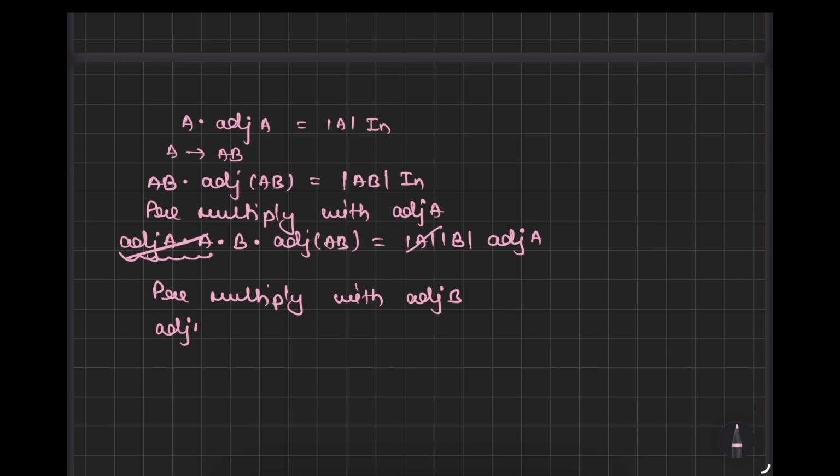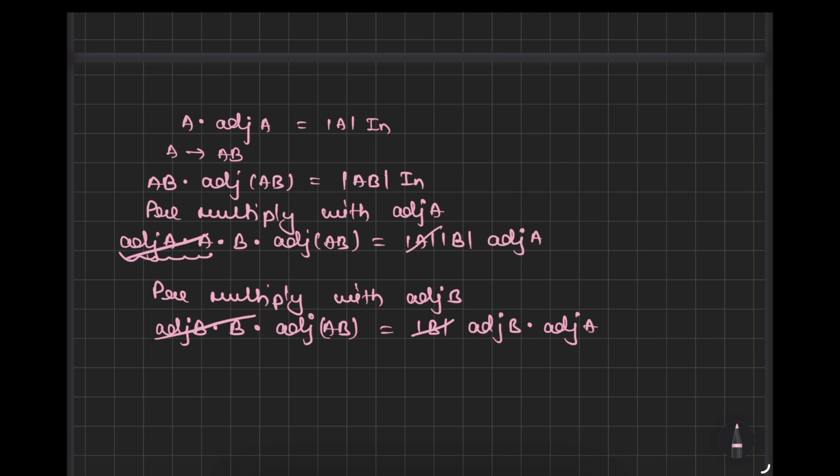Adjoint B times B times adjoint AB is equal to determinant of B times adjoint A. You have pre-multiplied adjoint B. So you know that adjoint of B times B becomes determinant of B I n.